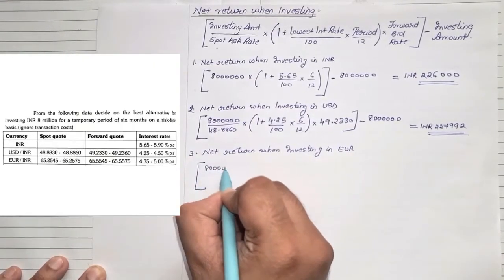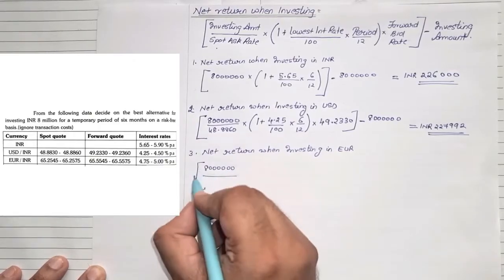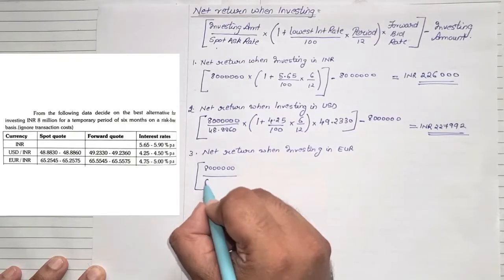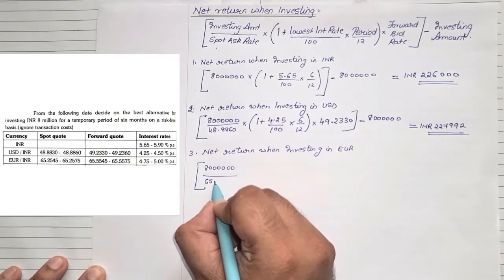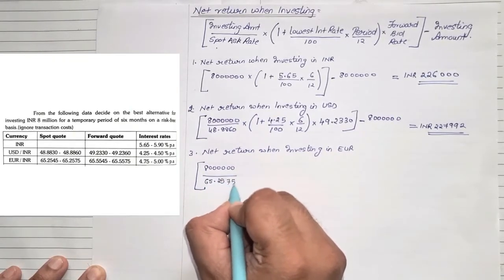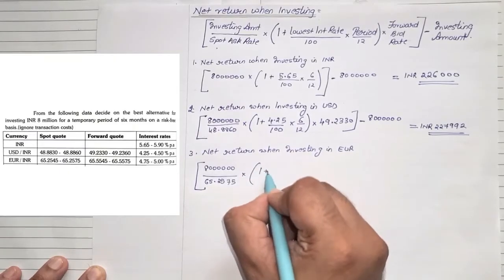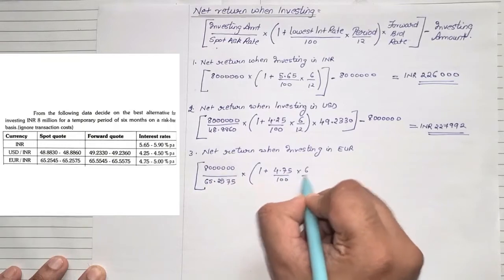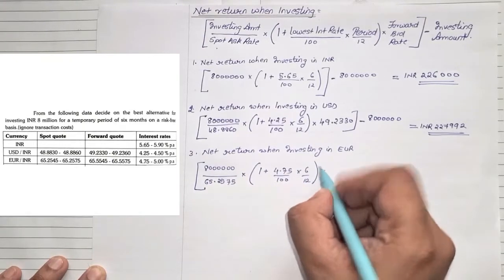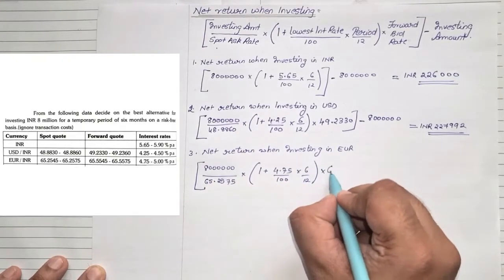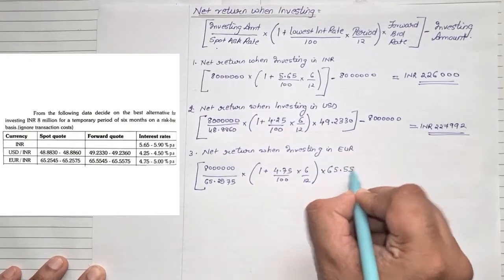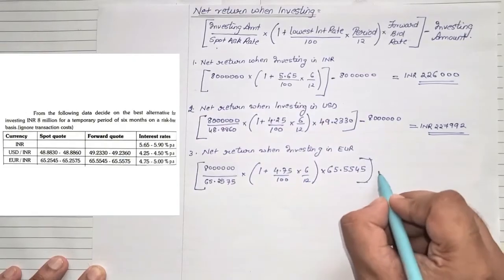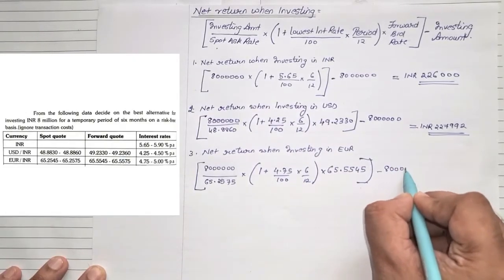Investing amount is 80 lakhs upon the spot ask rate, which is 65.2575, into 1 plus the lowest rate, which is 4.75 upon 100, into 6 divided by 12, into the forward bid rate, which is 65.5545, minus the investing amount, that is 80 lakhs.